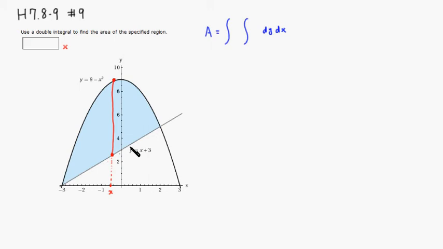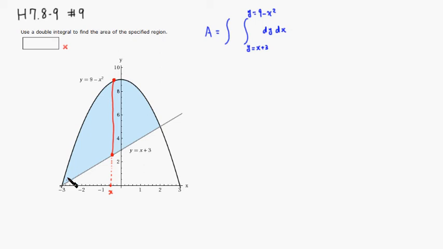You can see that the line segment starts from this straight line, y equals x plus 3, and goes all the way up to this parabola, y equals 9 minus x squared.